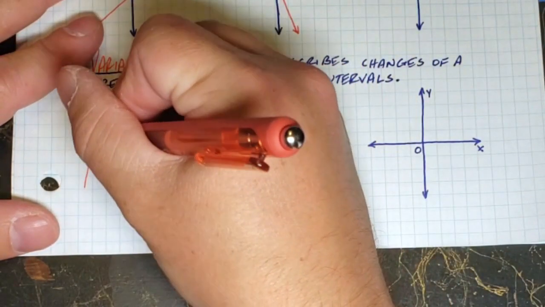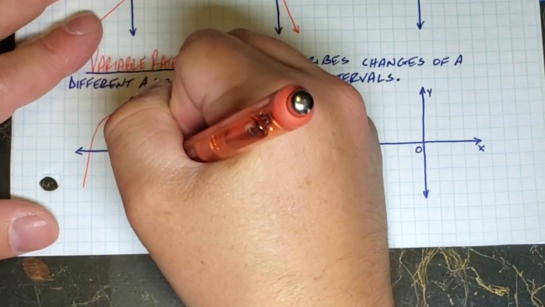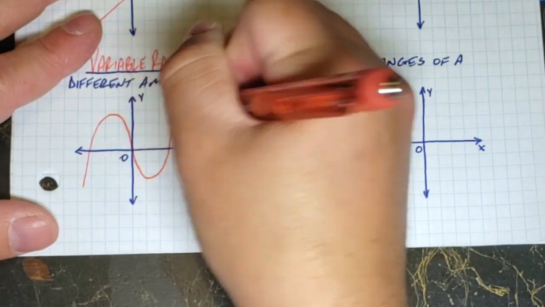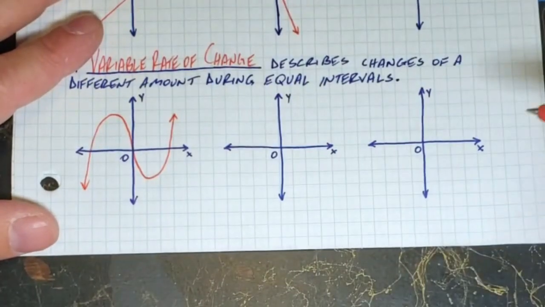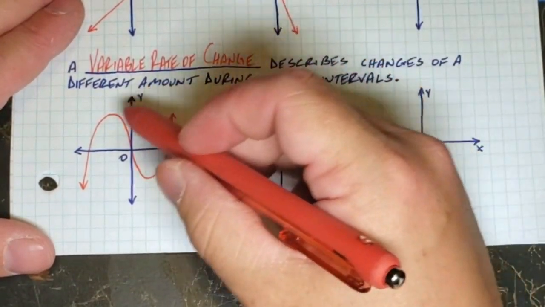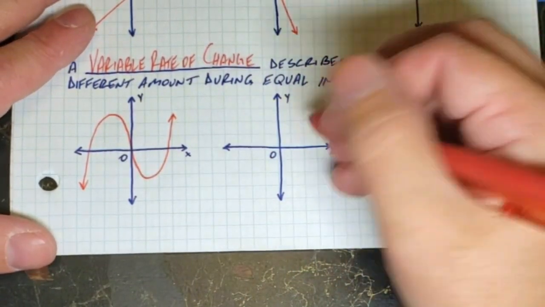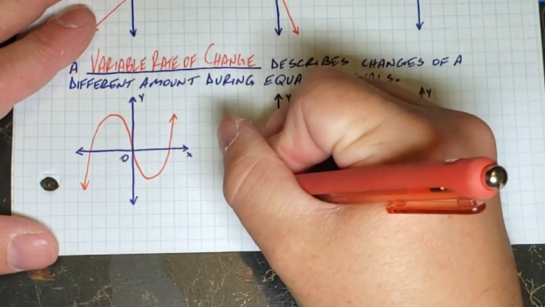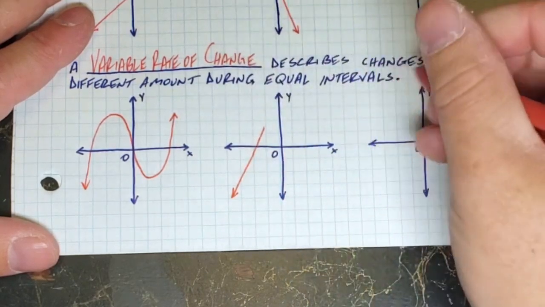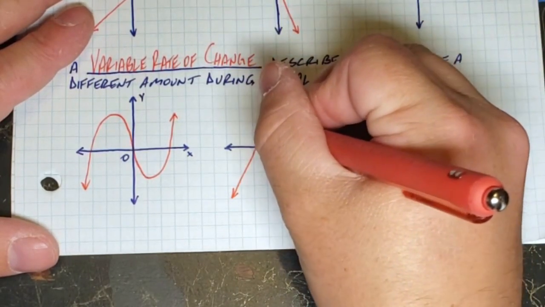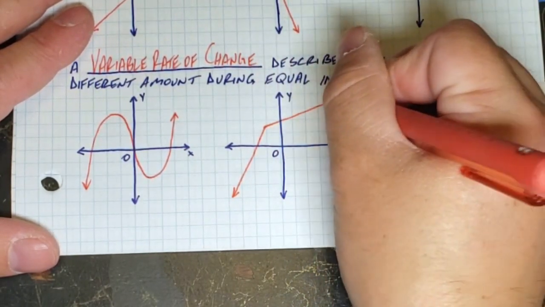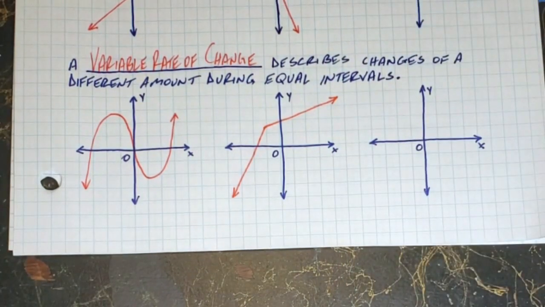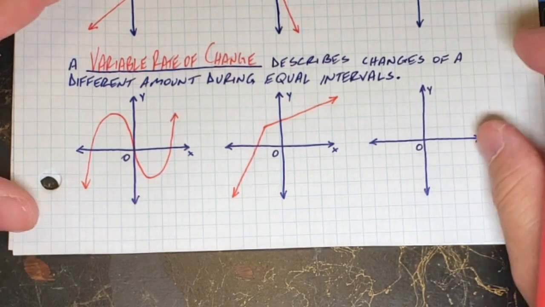You could have a curved line. Okay, this is an example of a variable rate of change. The line could be straight, and then partway through your graph, change to a different slope, that is also an example of a variable rate of change.